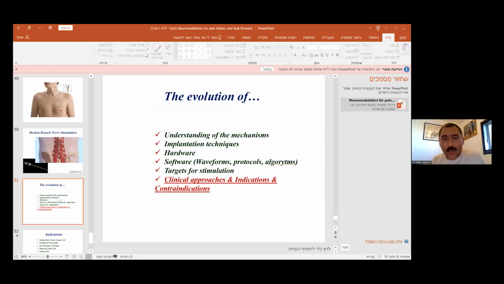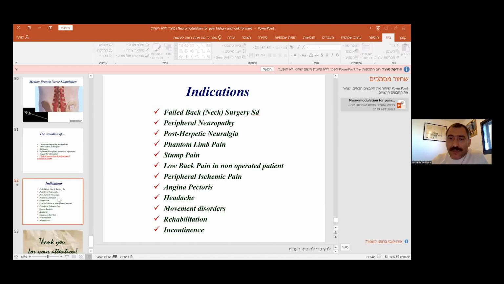So the last thing that I want to mention here is the evolution of clinical approaches and indications. The field began from failed back surgery syndrome, and it made a very long way, introducing many other indications such as peripheral neuropathy and any other neuropathic pain you want, postherpetic neuralgia, phantom limb pain, stump pain, low back pain in non-operated patients, peripheral ischemic pain, angina pectoris, and so on.